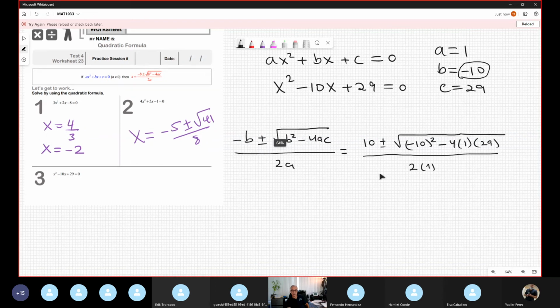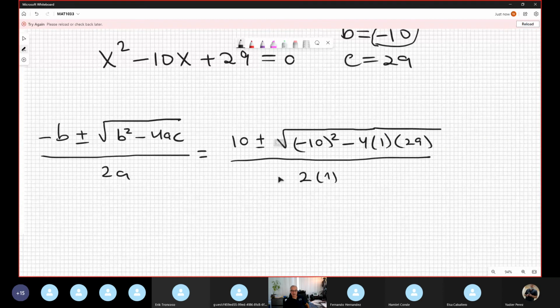Okay, now I go directly to the expression inside the radical. And the expression inside the radical, this is 100 positive. Now I copy 4 multiplied by 1 times 29, which is 100, but negative 60.